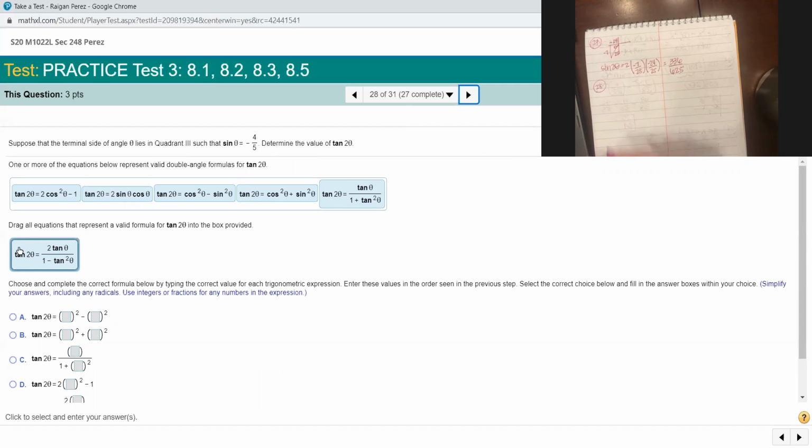So same thing. It's in quadrant 3, and sine is -4/5. So I'm pretty sure it's 3. 25 minus 16 is 9, so -3. But we really just need to know tangent. So tangent of 2 theta is 2 times tangent, which would be -4 over -3, which is just +4/3, over 1 minus 4/3 squared.